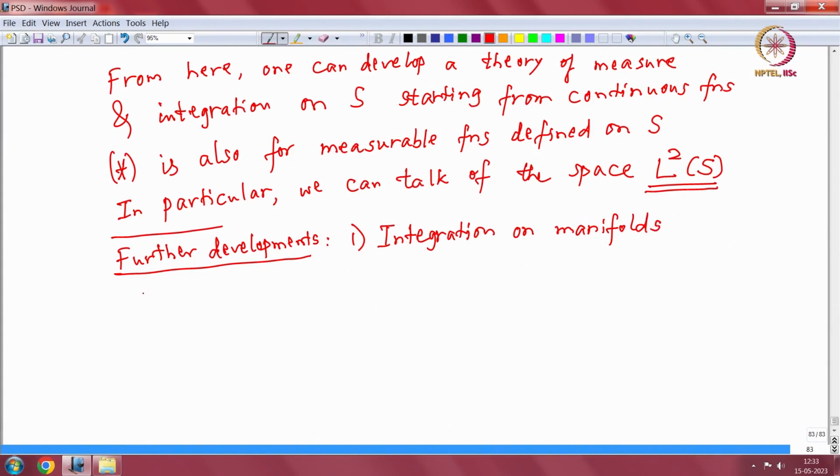Once you develop integration theory, you can talk of distributions on manifolds.